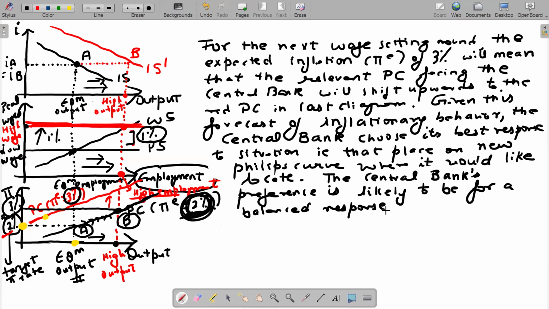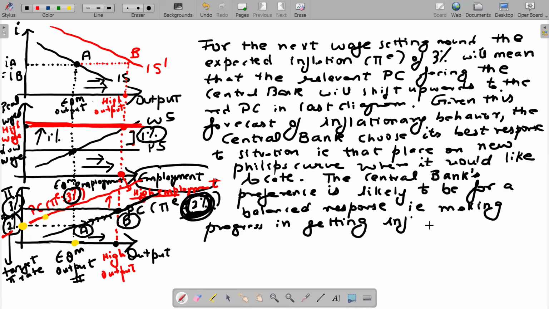The central bank wants to achieve both. There's going to be a balanced response, that is making progress in getting inflation back towards the target, which is 2%, but not imposing a harsh recession.